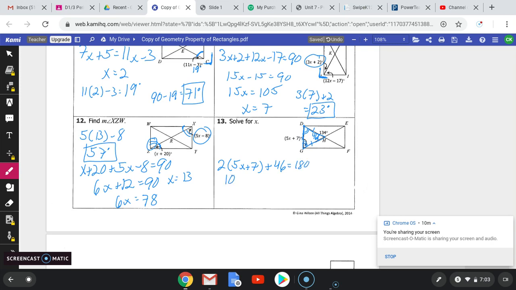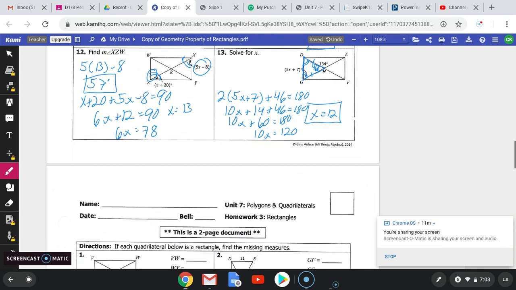I can distribute: 10x plus 14 plus 46 equals 180. 10x plus 60 equals 180. 10x equals 120. X is going to be 12. And that, ladies and gentlemen, is how you utilize algebra, utilizing the properties of rectangles and algebra here.